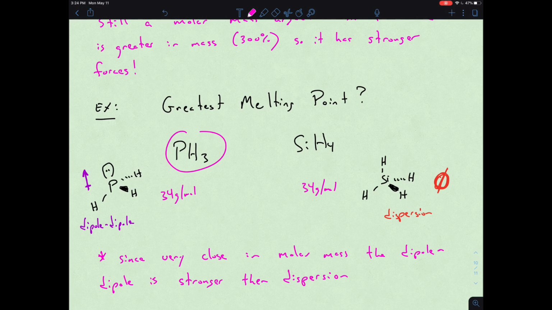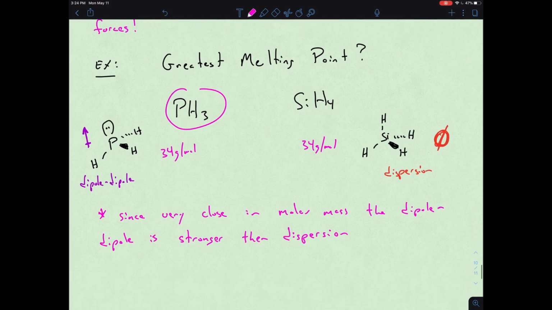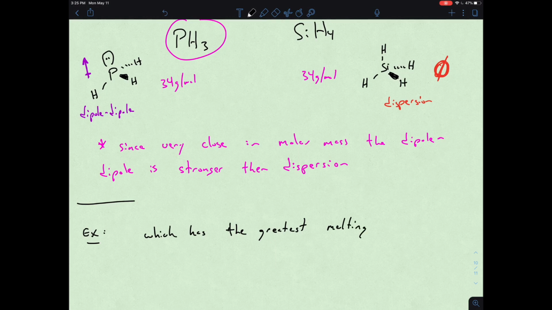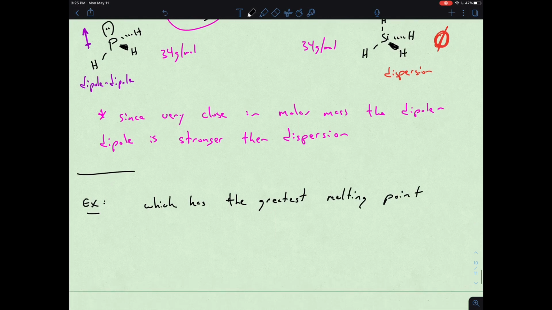And we would be looking at examples that might look like this in terms of a comparison. Saying, which has the greatest melting point. And we could look at sodium chloride versus oxygen versus ethanol.